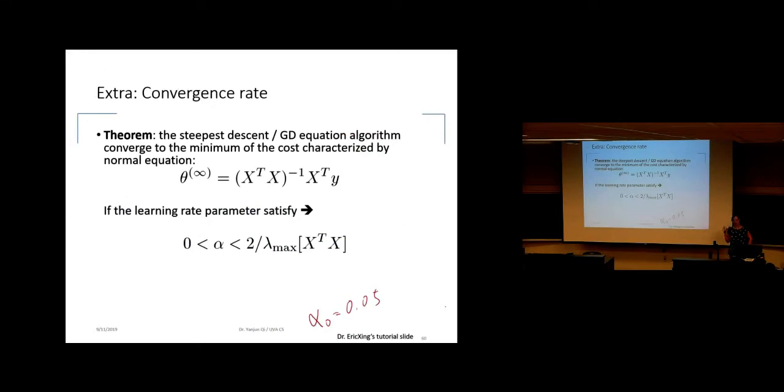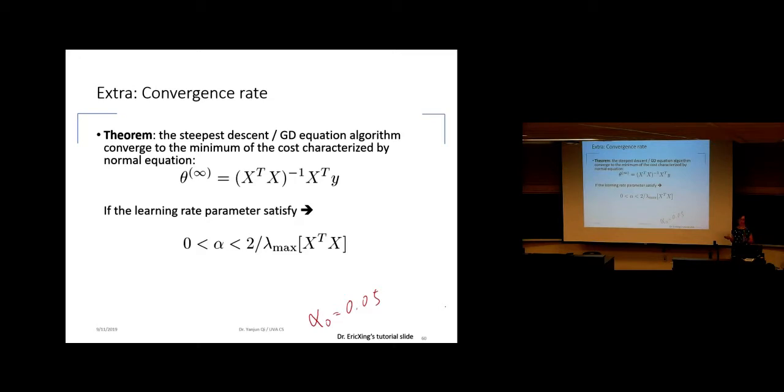And then the last thing I want to talk about is the connection of the iterative gradient descent or stochastic gradient descent method versus the normal equation. Again, the normal equation is our solution, and we know that very clearly because of the properties of this J theta function. The iterative approach starts from random and keeps moving. How can you guarantee your endpoint is close enough to the normal equation solution?